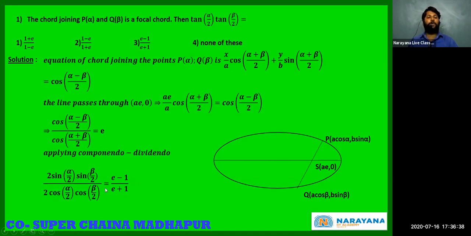Therefore, that would be equal to (e minus 1) upon (e plus 1). What is this now? This is tan(alpha/2) times tan(beta/2). So tan(alpha/2) tan(beta/2) is equal to (e minus 1) upon (e plus 1). Got it?